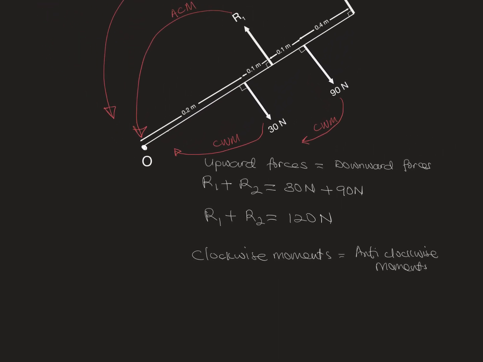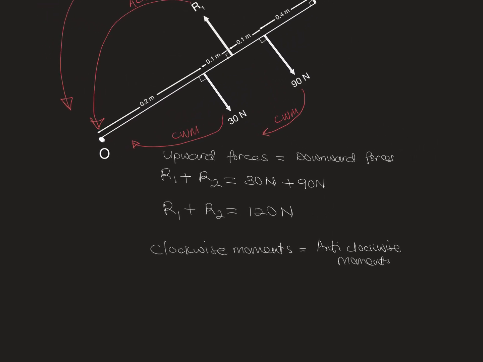We already know moment is force times distance. So for the 30 Newton acting clockwise, it is 30 multiplied by the distance from the reference point, which is just 0.2 meters. So that will be 30 times 0.2 plus, for the 90 Newton, 90 times the distance from the reference point. That will be 0.1, 0.1, 0.2, and that is going to give you 0.4. So that will be 90 times 0.4.